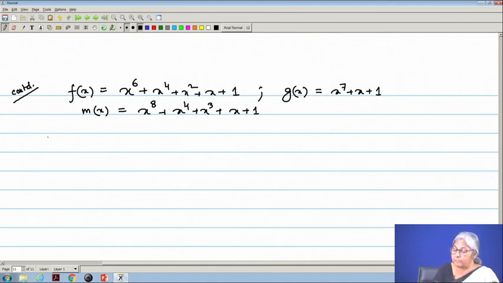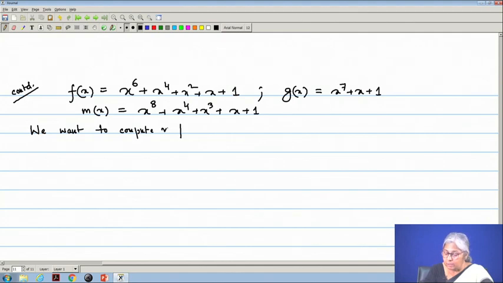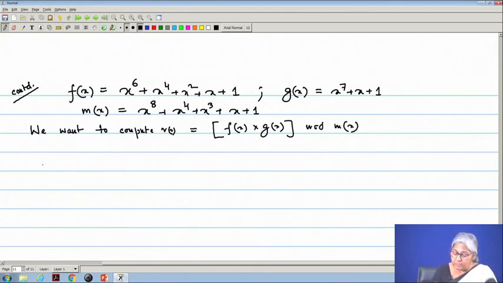Now, we have to do f x into g x modulo m x. Since we are doing modular polynomial arithmetic, we want to compute R x equal to f x into g x modulo m x. So, first we have to multiply.